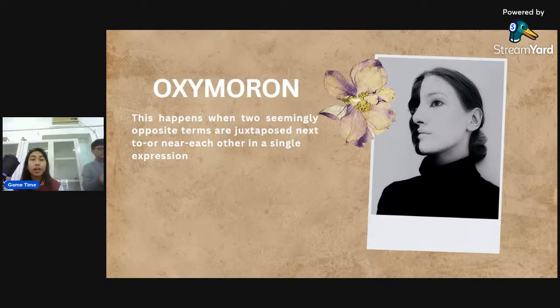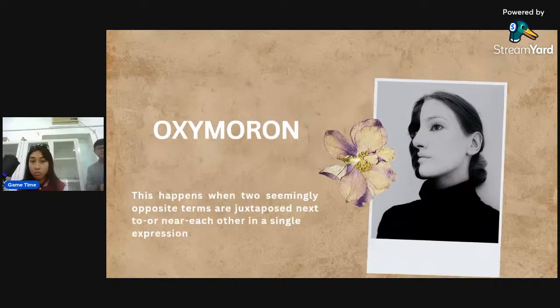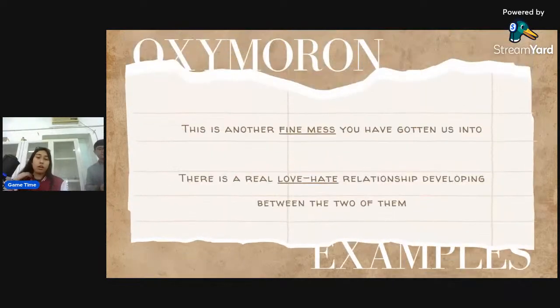Okay, so now we have oxymoron. This happens when two seemingly opposite terms are juxtaposed next to or near each other in a single expression. The examples for oxymoron: this is another fine mess you have gotten us into. The second example: there is a real love-hate relationship developing between the two of them.